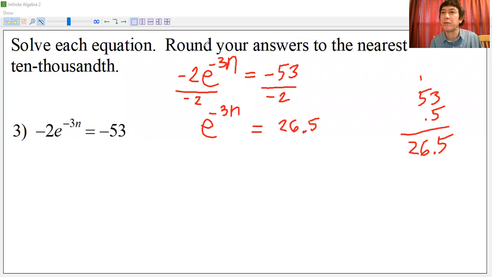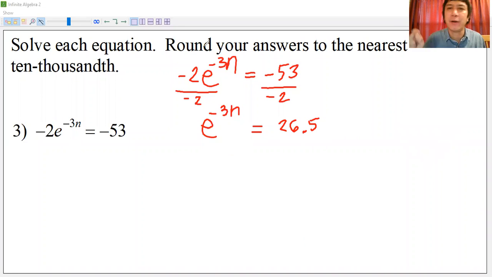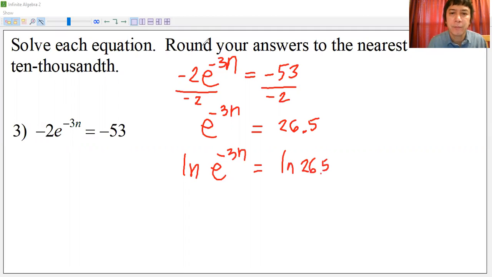Let's remove our scratch pad. So we have 26.5 positive. We apply now logarithm. So this will now be ln of e to the negative 3n is equal to ln of 26.5. And so the ln and the e result to just negative 3n.